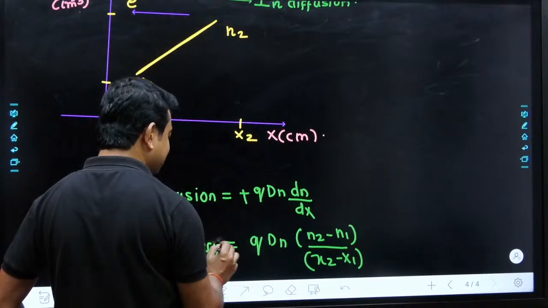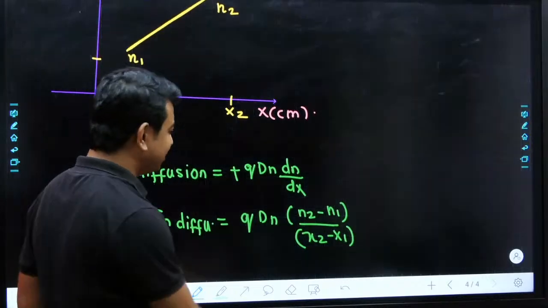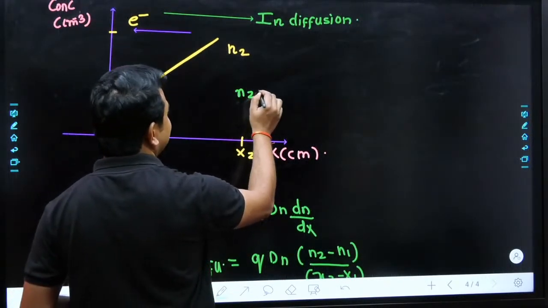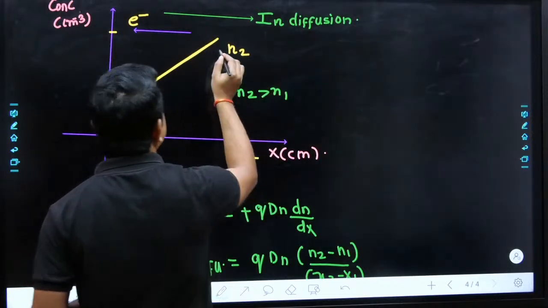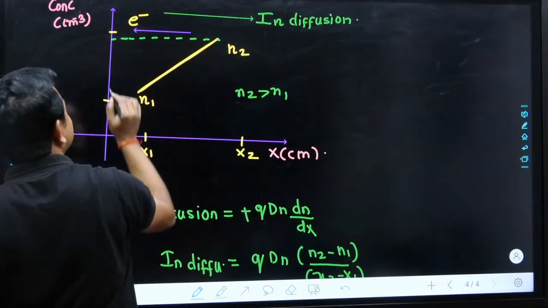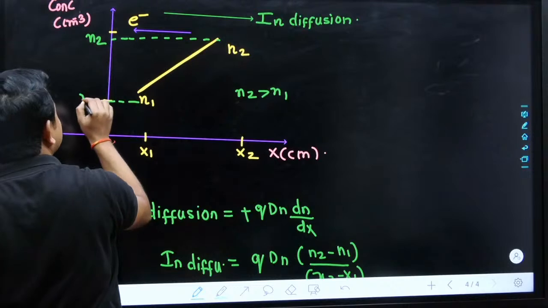If you see that the current is in the positive x direction, then the result is such that n2 is greater than n1, because n2 resembles this particular point which is greater in concentration, and n1 represents this other point.